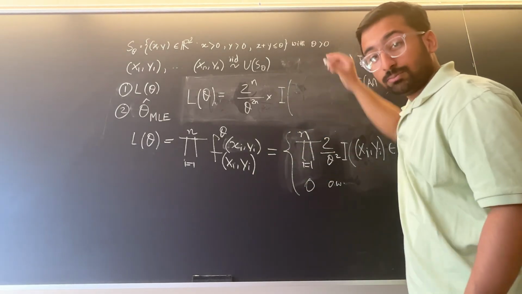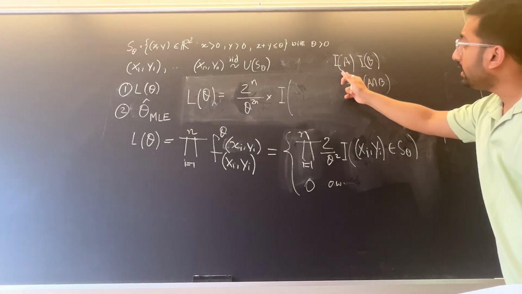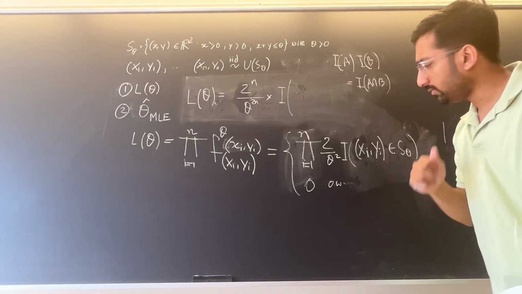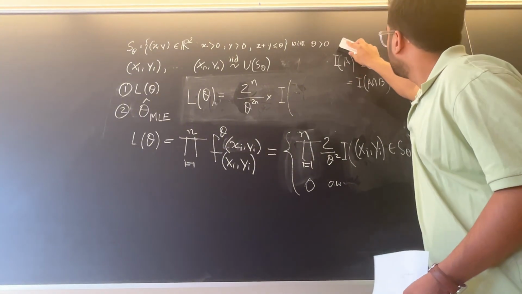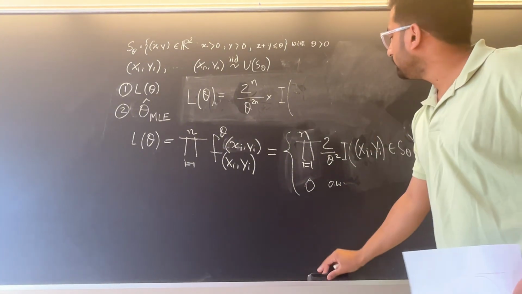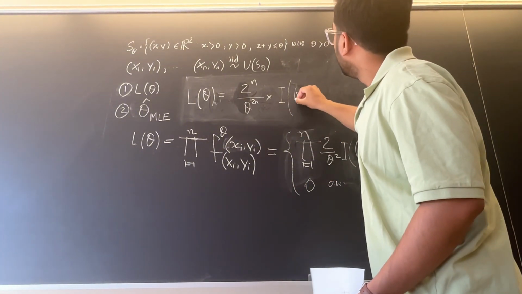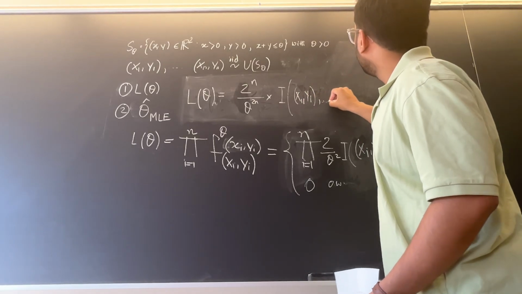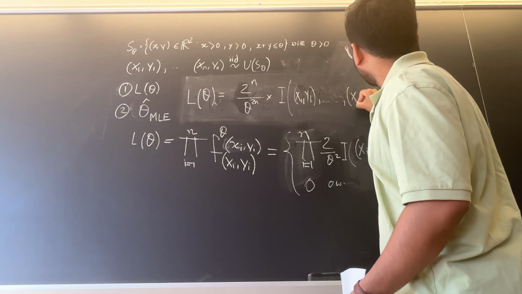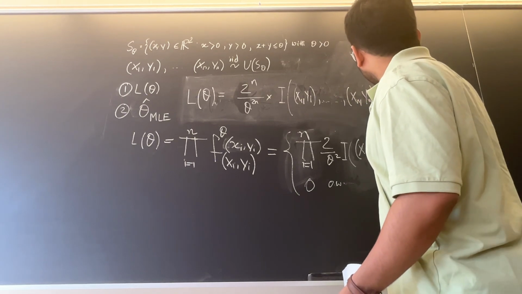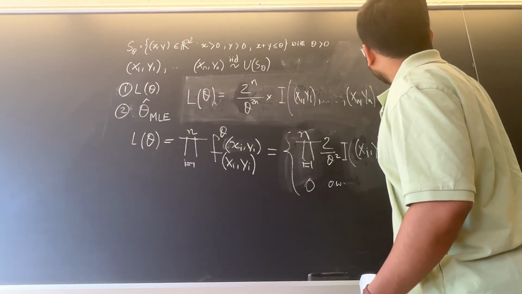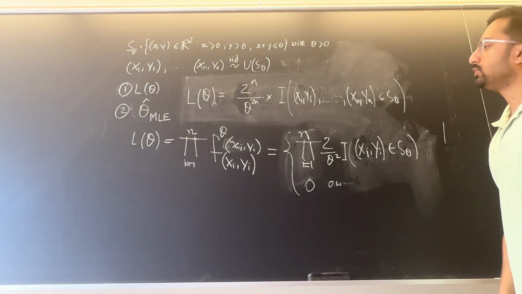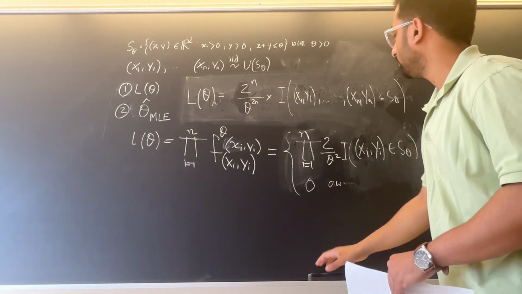So this is a small exercise for you: indicator of A times indicator of B is indicator of A intersection B. So we'll use that to get that all (x1, y1), all of them, lie in S theta. So this is a better way to write it.